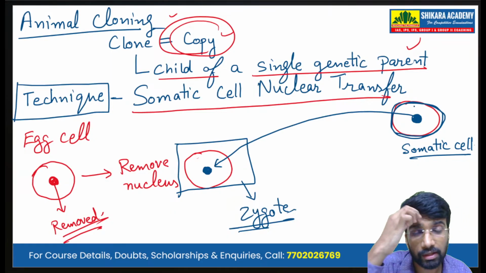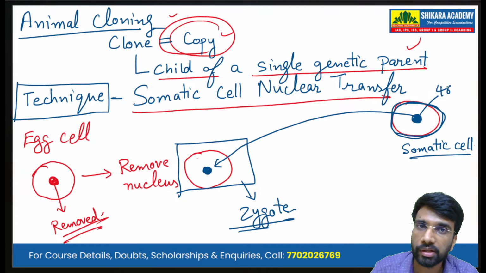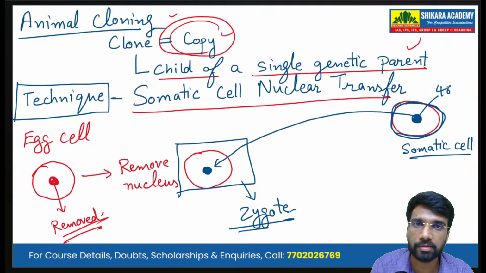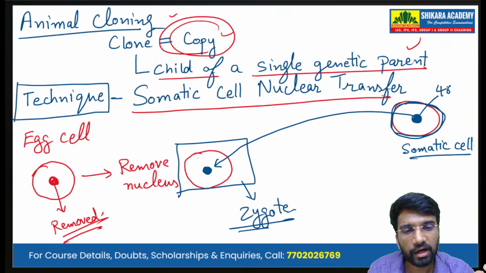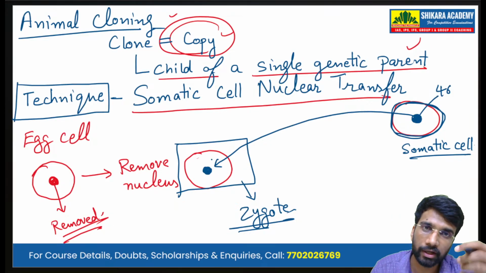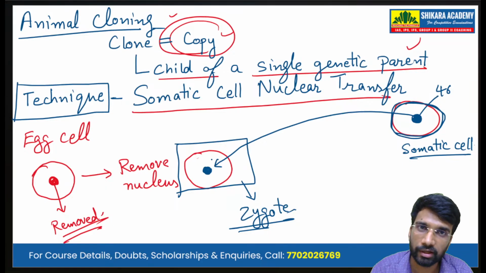Diploid means they have 46 chromosomes inside the nucleus, and we are transferring this entire nucleus having 46 chromosomes into this particular egg cell. So now this will effectively become a zygote having 46 chromosomes in it.